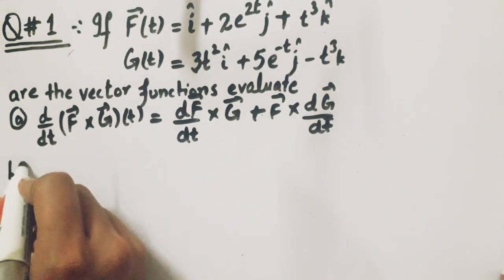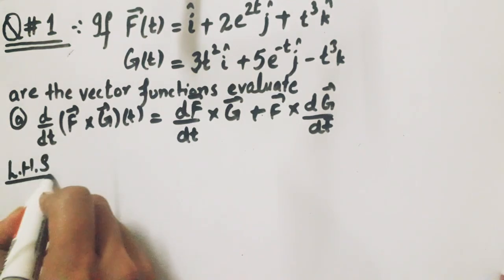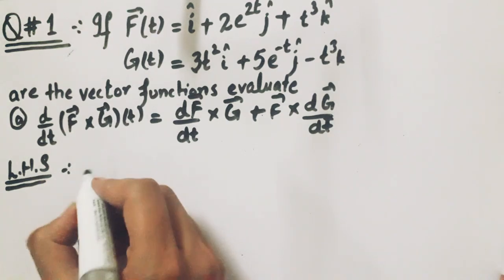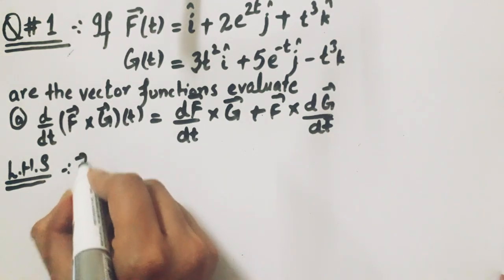So for the left-hand side we will take the cross product of f cross g.